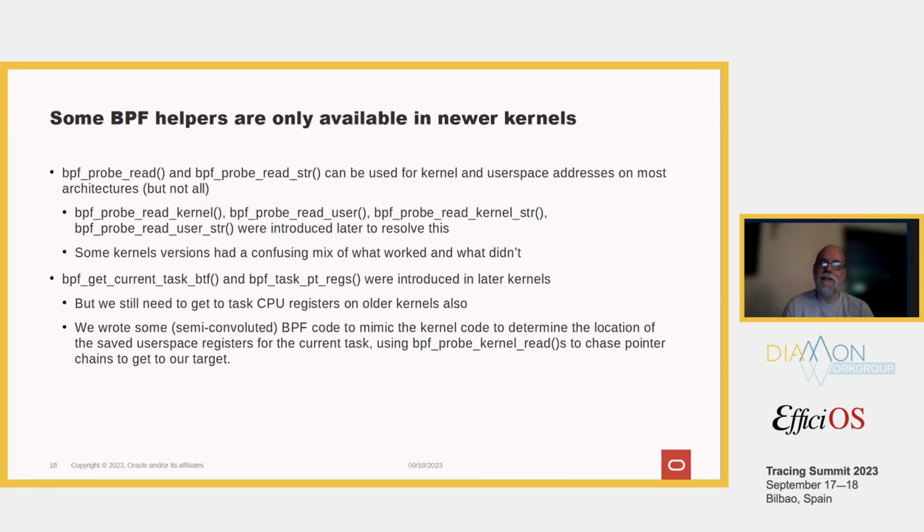I was very excited that we could use them for kernel and user space addresses, and then found that doesn't work on all architectures. And it kind of used to work mainly because you, in a sense, got lucky on how memory is mapped and how segmentation works. And so newer helpers were introduced to specifically read from kernel space versus user space.